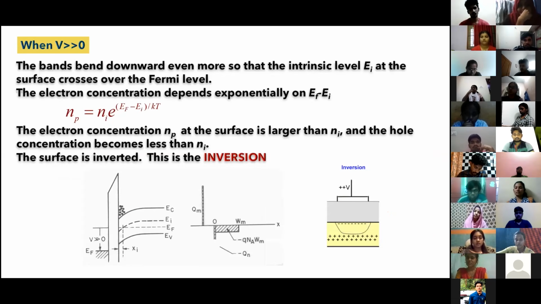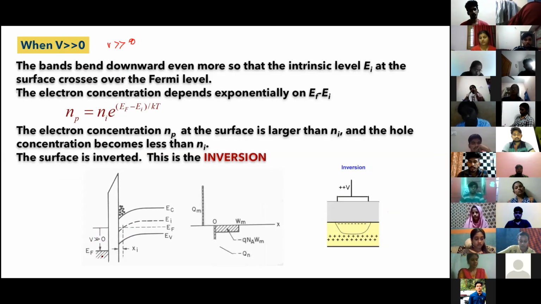Now, another biasing: here V is very much larger than plus. There it was just a plus, but here I'm applying a very high voltage compared to the initial voltage. So when I apply a very high voltage, my Fermi level of this metal will be pushed downwards so much.